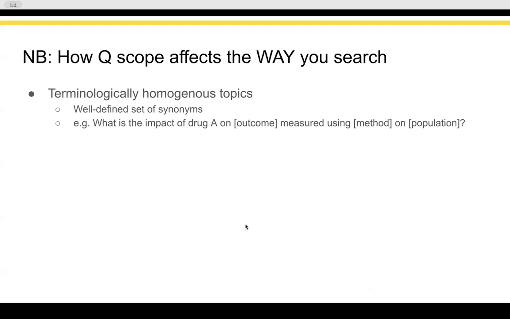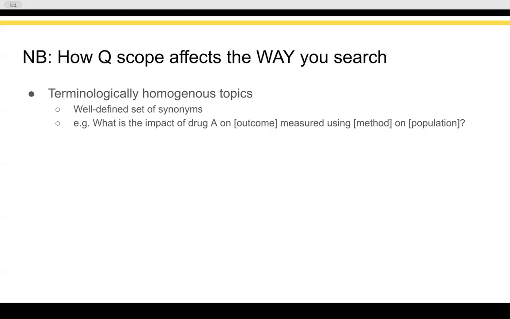And yeah, there are a huge number of cases where systematic review has worked really well, where we have terminologically homogeneous topics. So these are where we are looking at the same thing and it's all defined in ways that have synonyms.